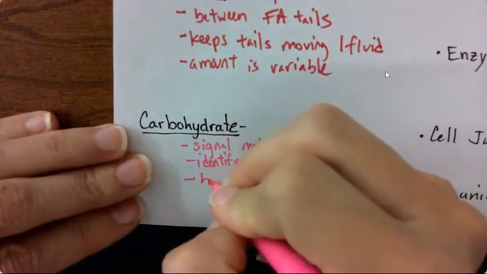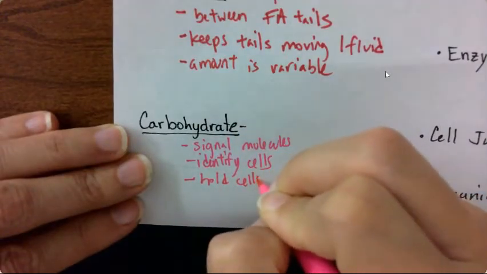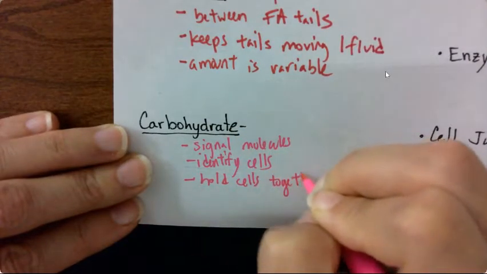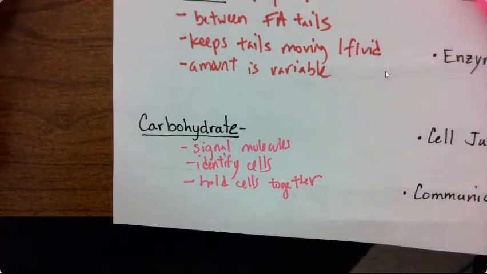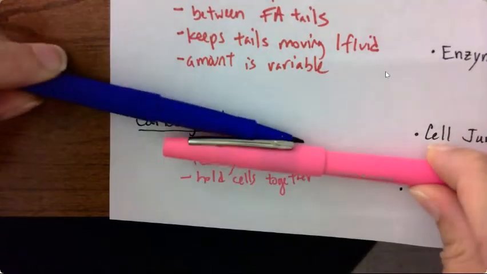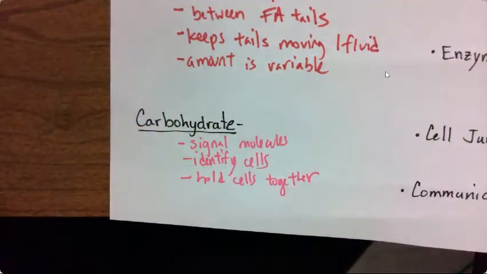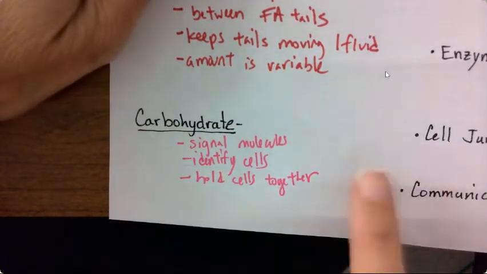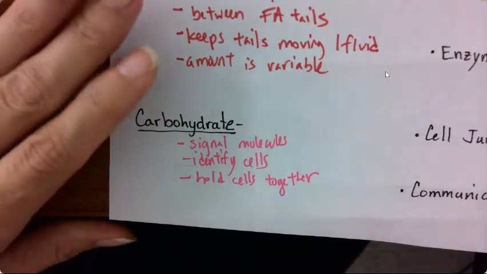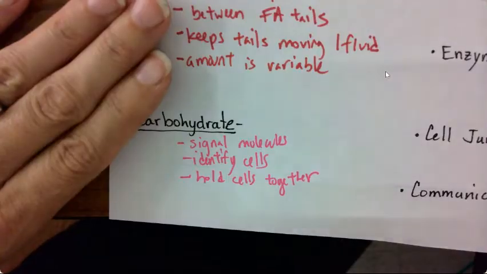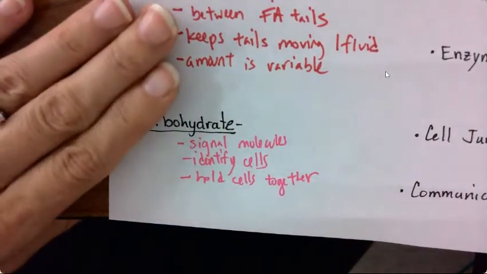And carbohydrates can also hold cells together. Different cells can have different carbohydrates sticking to them, and when the cells get near each other, the carbohydrates can kind of zip together like a zipper holding the two cells together. Okay, so that can be a part of a glycoprotein that forms a cell junction.